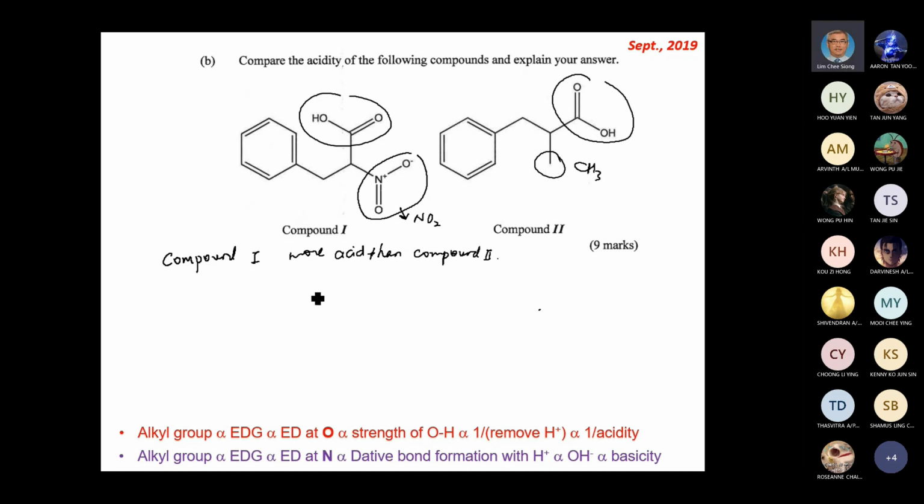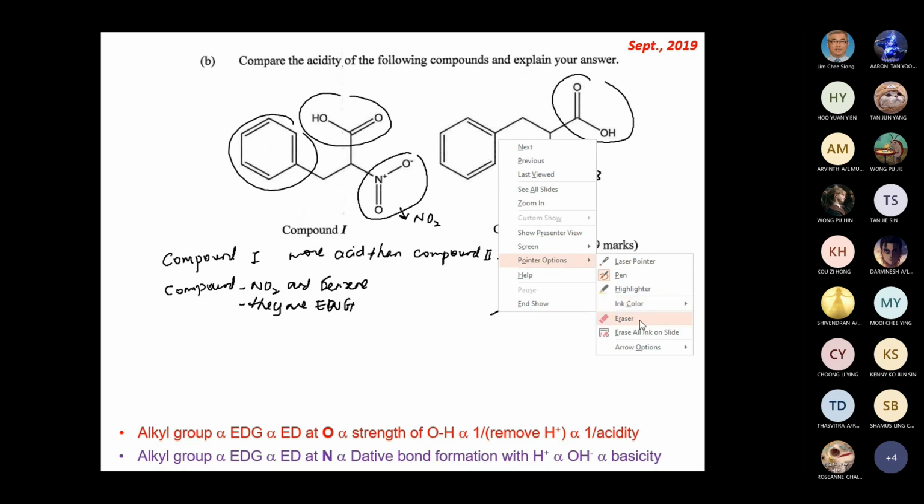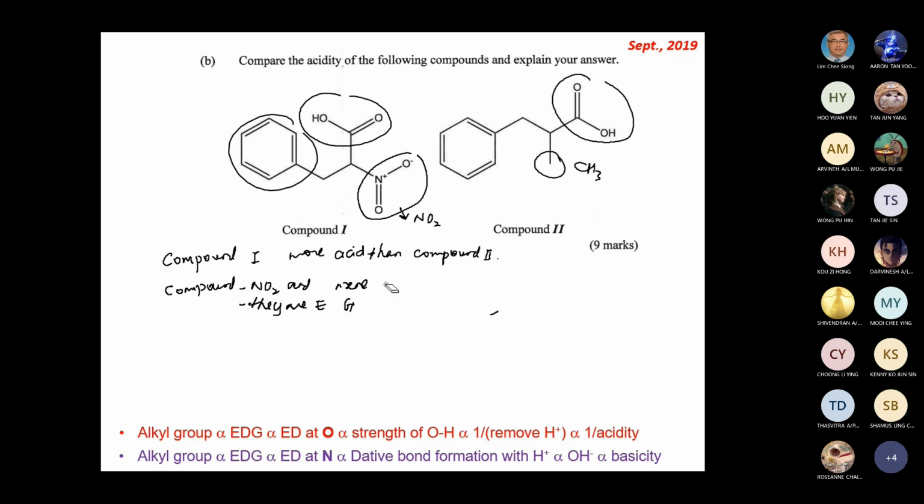Okay, then you can discuss, talking about compound 1. Why? In compound 1, we got NO2 and the benzene. They are what? They are EWG, electron withdrawing groups. So when you come up with the EWG, then what?